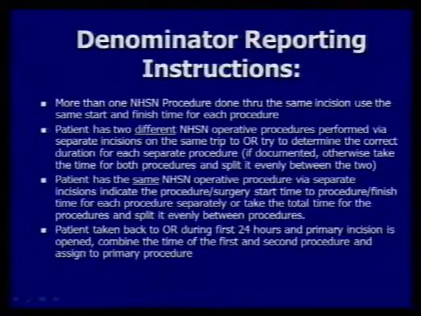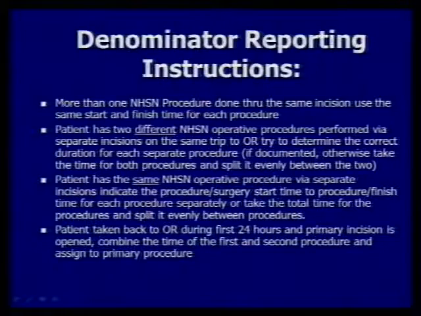And then if they have two different NHSN operative procedures performed via separate incisions on the same trip to the OR, try to determine the correct duration for each separate procedure if documented, and then otherwise take both of those procedures and split it evenly between the two.